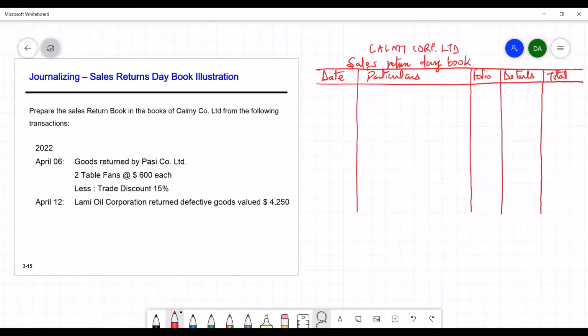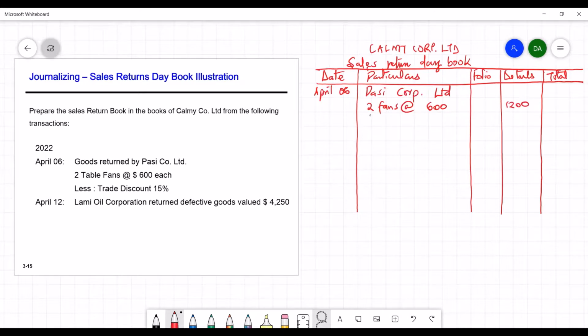Right, so on 6th April, goods returned by Percy Corporation Limited. Percy Corporation Limited returned 2 table funds. Each fund is 600, and that gives a total of 1,200.